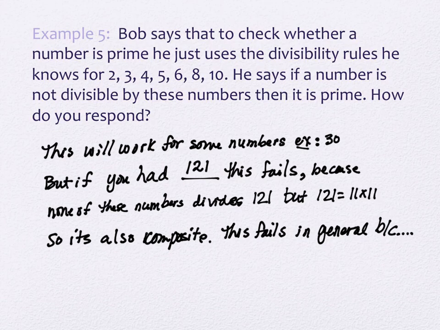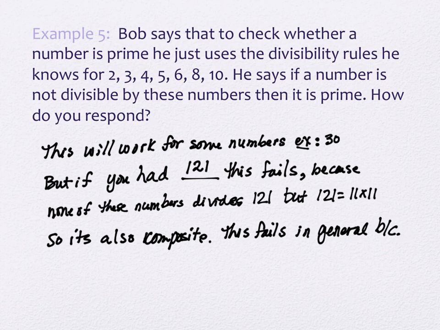But if he'd listed the number 11, it would not have fixed the problem for Faith's. So we need something a little bit more general. He's not checking the prime numbers less than the square root. Yeah, he's not checking in particular all the prime numbers he should, right?